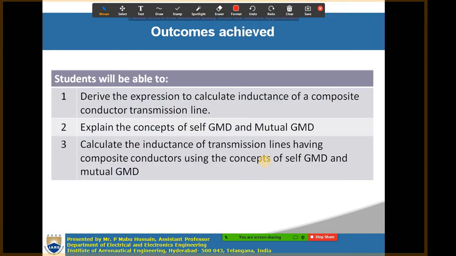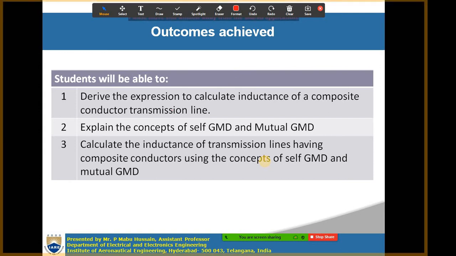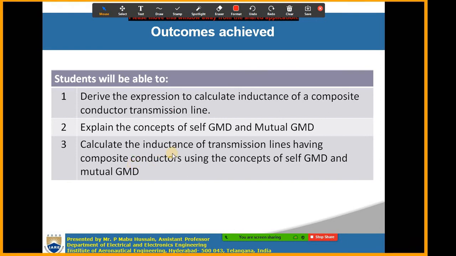After completion of this lecture, the student will be able to derive the expression to calculate the inductance of a composite conductor transmission line, explain the concept of self GMD and mutual GMD, and also calculate the inductance of transmission lines having composite conductors using the concept of self GMD and mutual GMD.